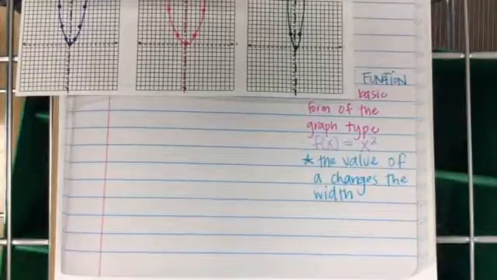So a parabola with an A value of 5 is skinnier than a parabola with an A value of 3. Conversely, the smaller your fraction, the wider it is. But the bigger the number, the skinnier it is. It's the opposite of what you would think.